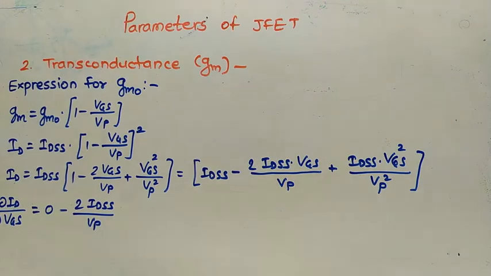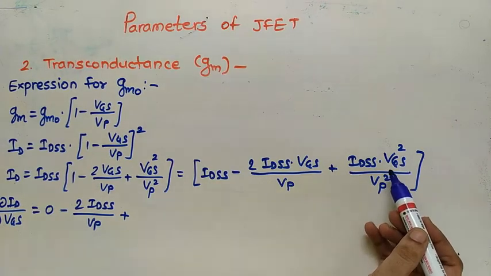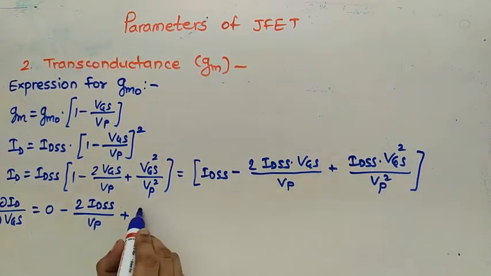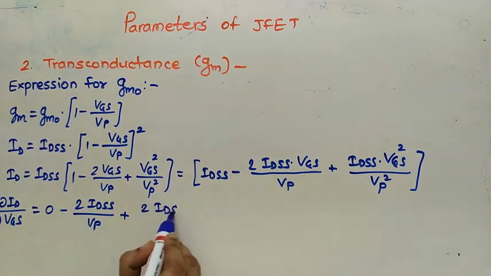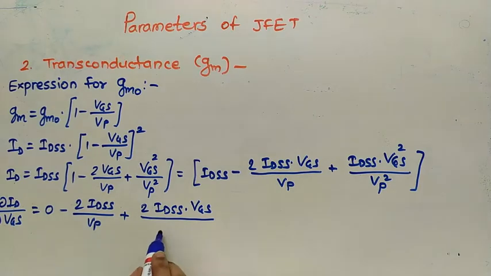And when we differentiate the last term, V_GS squared, we get 2 into V_GS, so this becomes plus 2 into I_DSS into V_GS upon V_P squared.